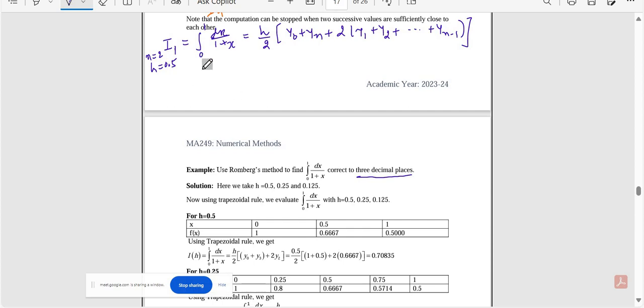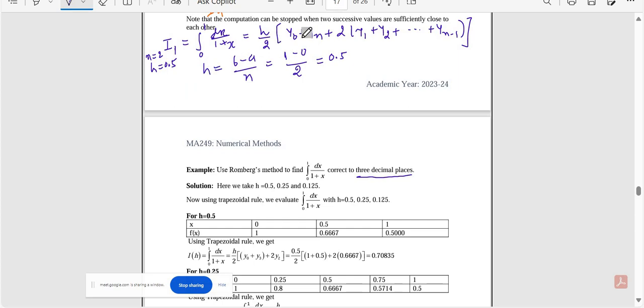Yes or no, everybody? So we find h as b minus a divided by n. If I take n is equal to 2, then in our case 1 minus 0 divided by 2, so my h will be 0.5. Clear?